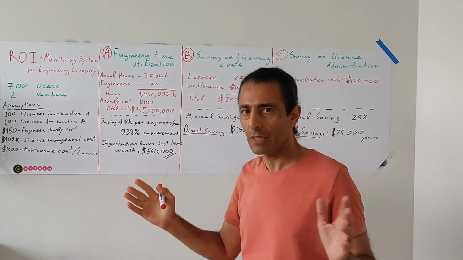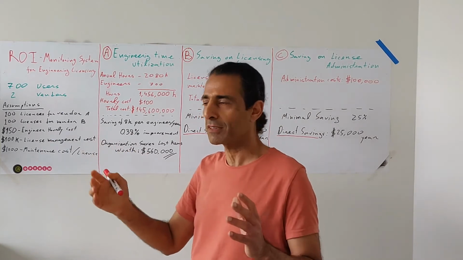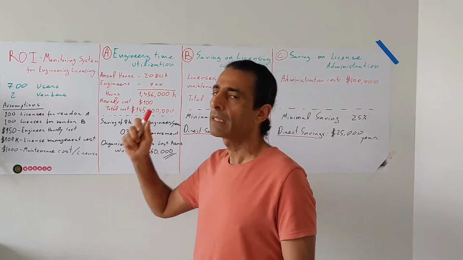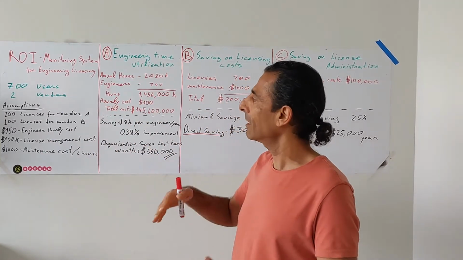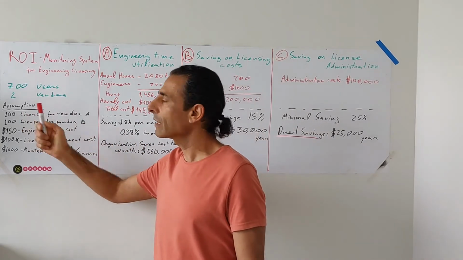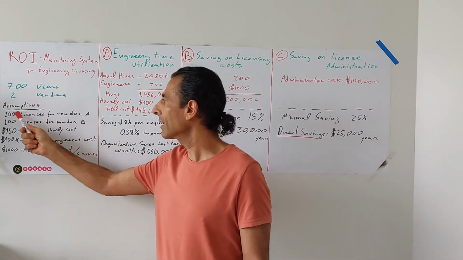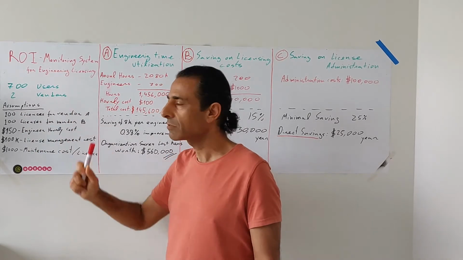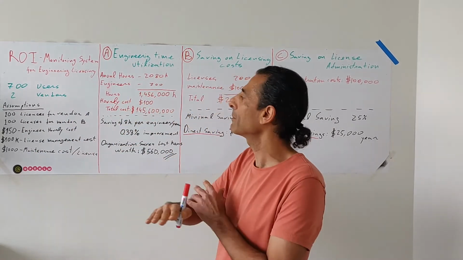Usually it's not like that. Everyone is using everything, in most cases, but it's a very minimalistic assumption. And we're talking about 100 licenses for each vendor, so it's also very minimalistic.